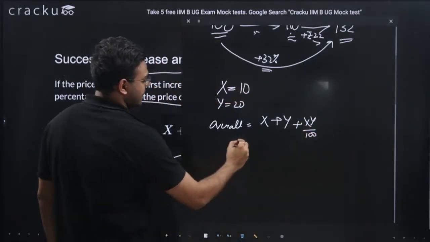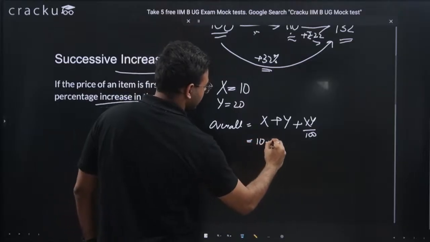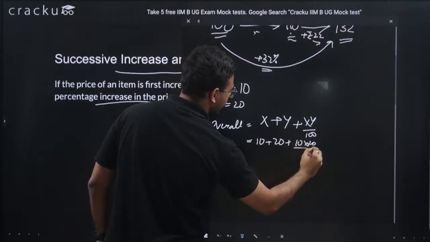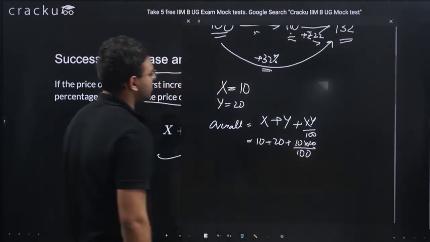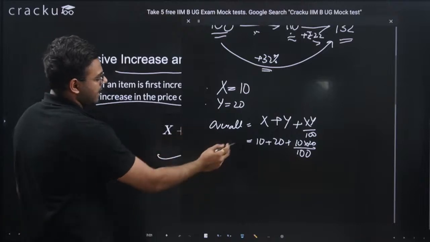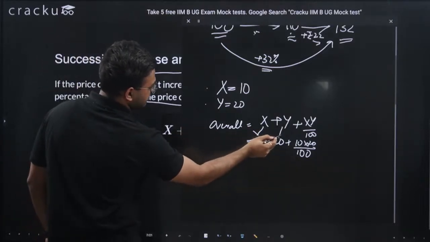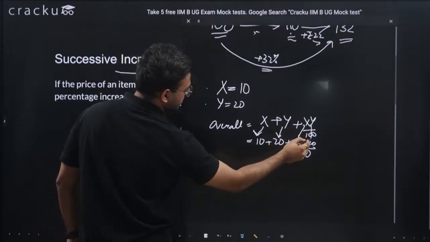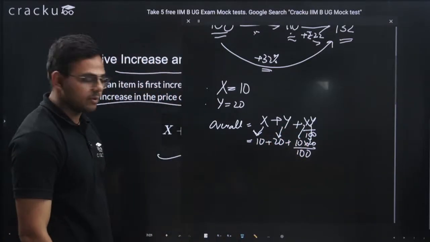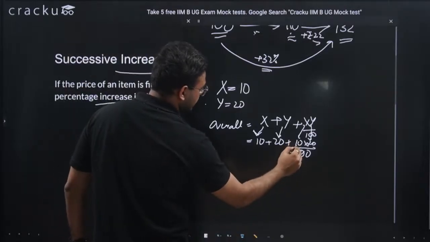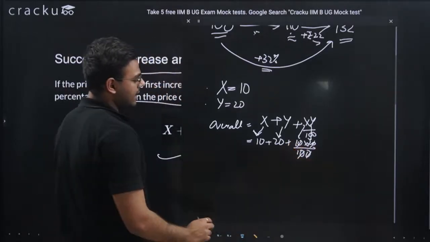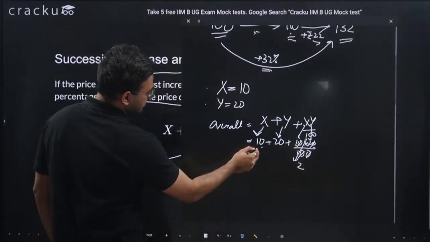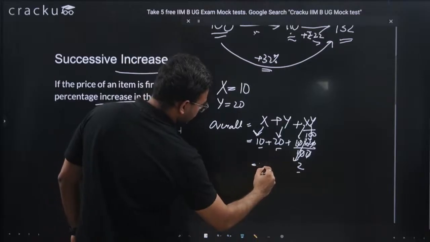I'm just substituting the values of x and y. So 10 plus 20 plus 10 into 20 divided by 100. The 0 and 0 will get cancelled, and this will become 2. So the overall increase is 10 plus 20 plus 2, which is equal to 32%.